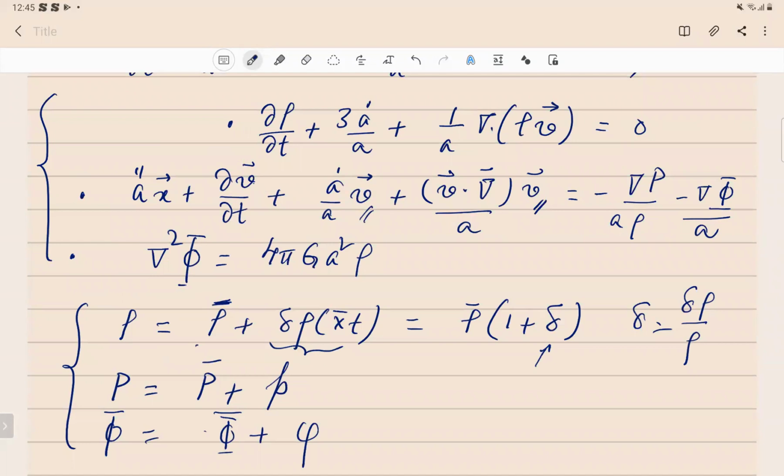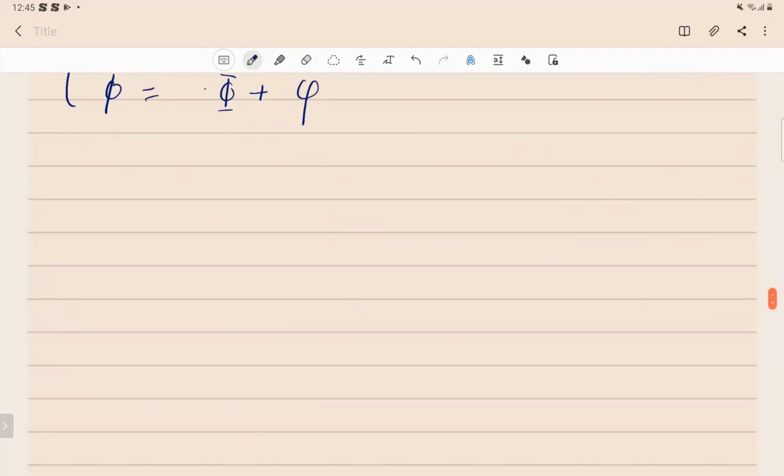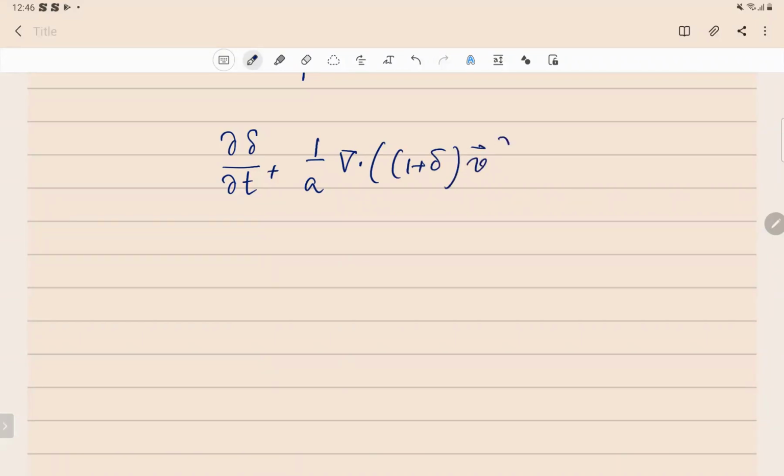And once you put that, then it simplifies, and you would have these equations. This is very simple, so I'm going a little fast because we'll discuss some important matters once we have the basic formalism ready. So ∂δ/∂t plus 1/a divergence of (1+δ)v equals 0. That's the first equation.